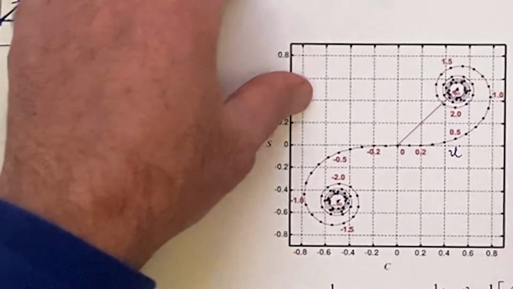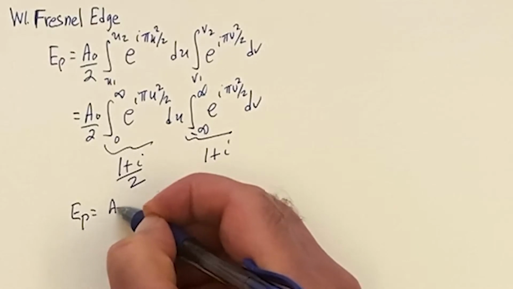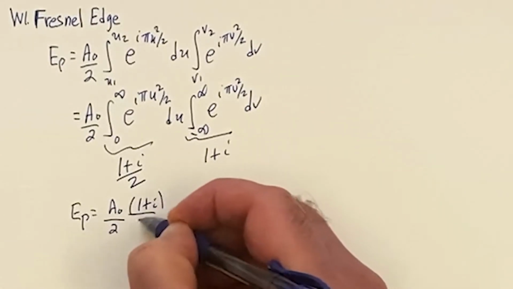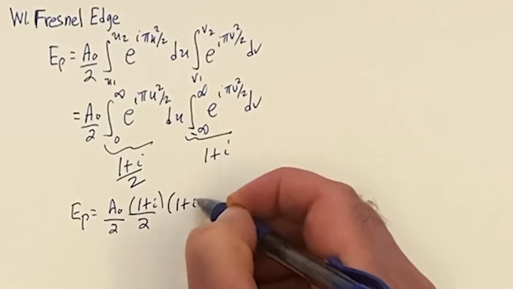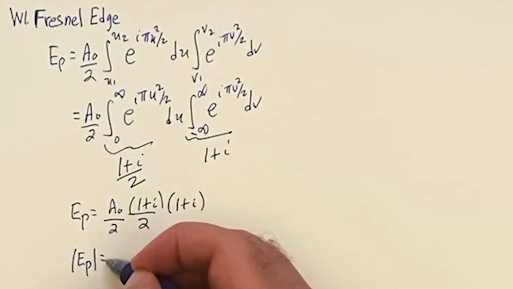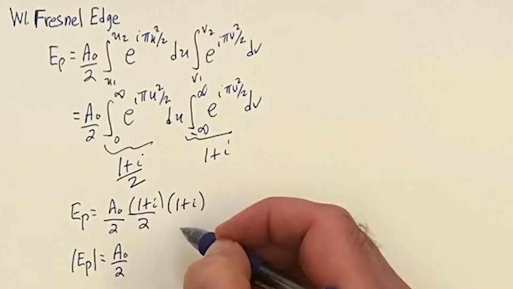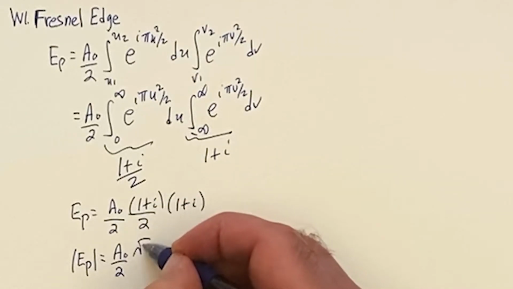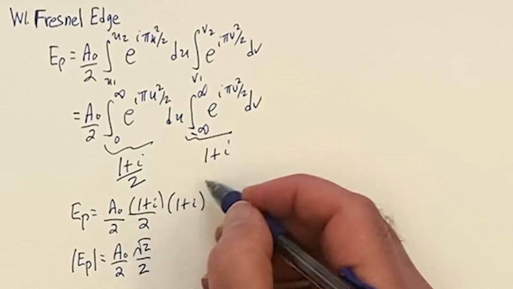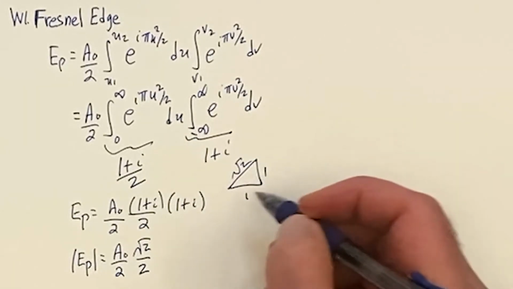So if we do that, then for E_P, we have a naught over 2, (1 plus i) over 2, and 1 plus i. Then if we take the modulus, we can now do the modulus individually for each. So this would be radical 2 over 2, because remember the modulus of 1 plus i is square root of 2.